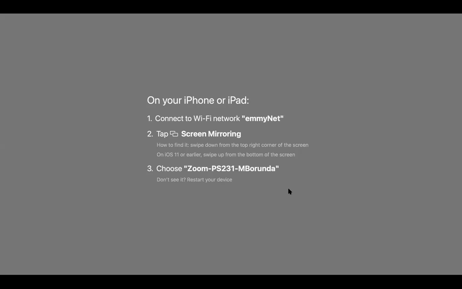Did it start sharing or not really? I don't see any image. Not really. Not really? Okay. Gray screen. Oh. How about there? Is it sharing?